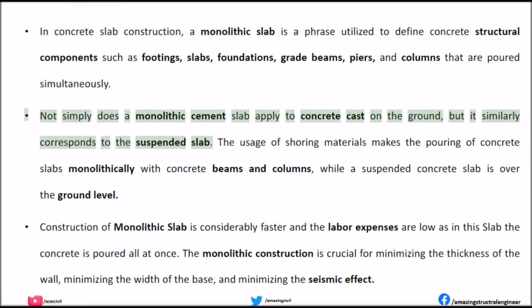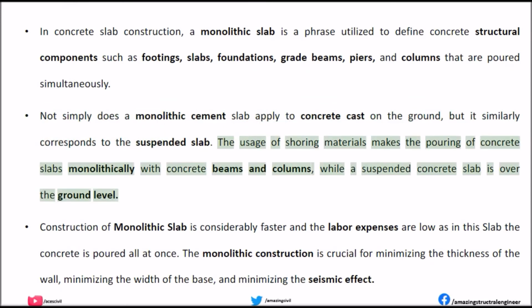Not only does a monolithic concrete slab apply to concrete cast on the ground, but it similarly corresponds to the suspended slab. The use of shoring materials makes possible the pouring of concrete slabs monolithically with concrete beams and columns, while a suspended concrete slab is over the ground level.